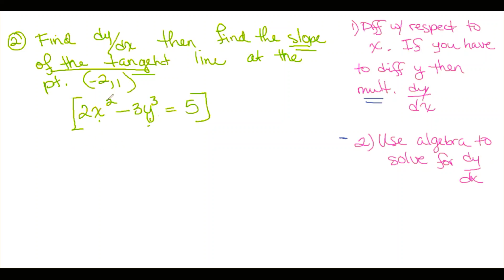So the first thing I'll do is I'm finding dy/dx, so I always look down here at the bottom to make sure which one I leave alone. That's going to give me 4x squared minus, now y is being written as an f of x. So that means I've got to use the chain rule.